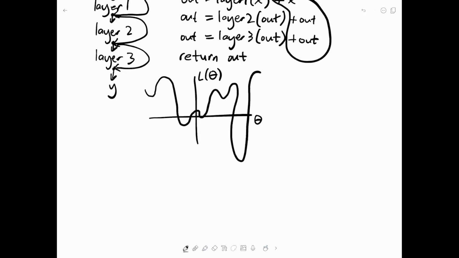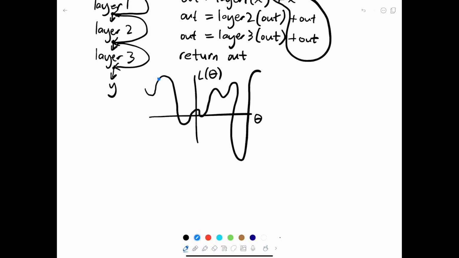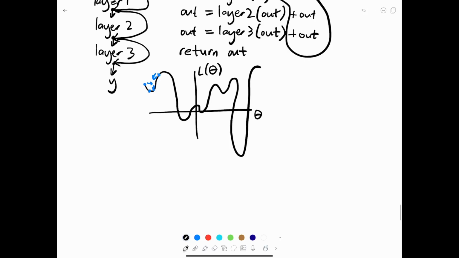If you initialize your weight somewhere like here, then using gradient descent, you may end up going here, right? And predicting here, and then here, and here. And you found a loss that's a local minimum. This is what we want to prevent because there is a much lower loss right here.